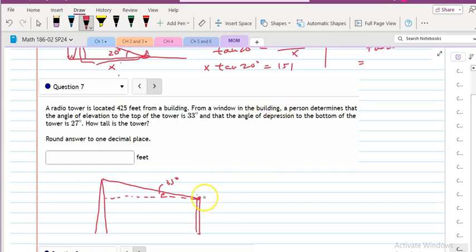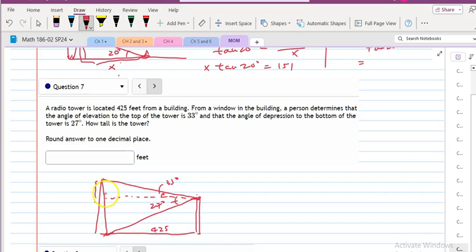And the angle of depression to the bottom of the tower, okay, so how far away are they? 425 feet. And this angle of elevation to the top is 33 degrees, and the angle of depression to the bottom is 27 degrees.